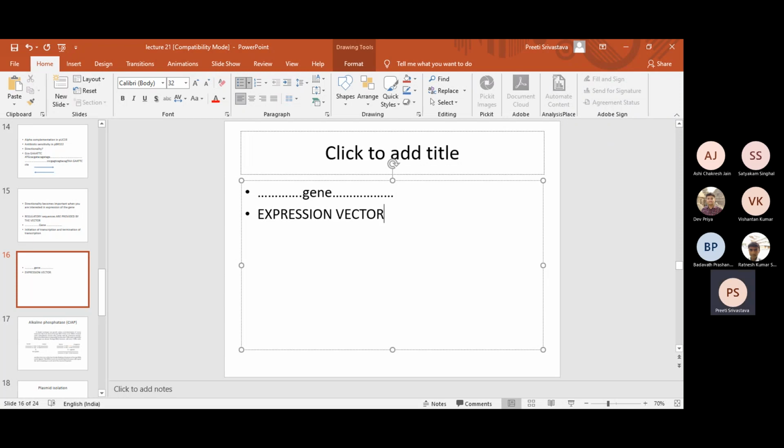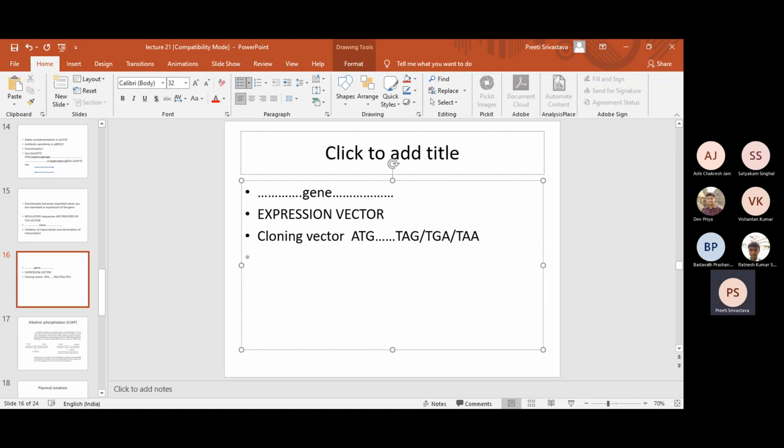The difference between a cloning vector and an expression vector is that a cloning vector is simply used for cloning of genes. Examples of cloning vectors, as we discussed, are pBR322, pUC19, etc., where you can just clone. In cloning vectors, you don't have to worry about the regulatory sequences. You can simply clone the gene from ATG to TAG, TAA or TGA, any of the stop codons.